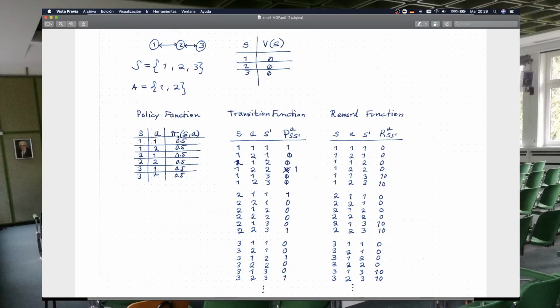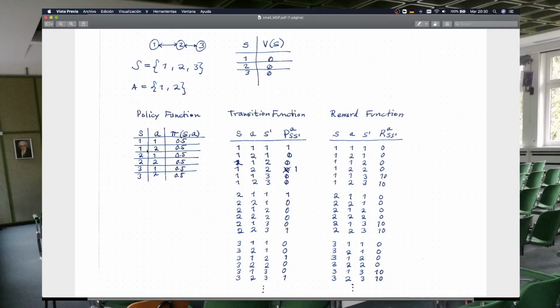Now remember that this policy is the probability that if you are in some state S, the action selected to be executed is going to be action A. What we usually do in these 3 algorithms that we are going to study is that we give the same probability to each of the available actions.